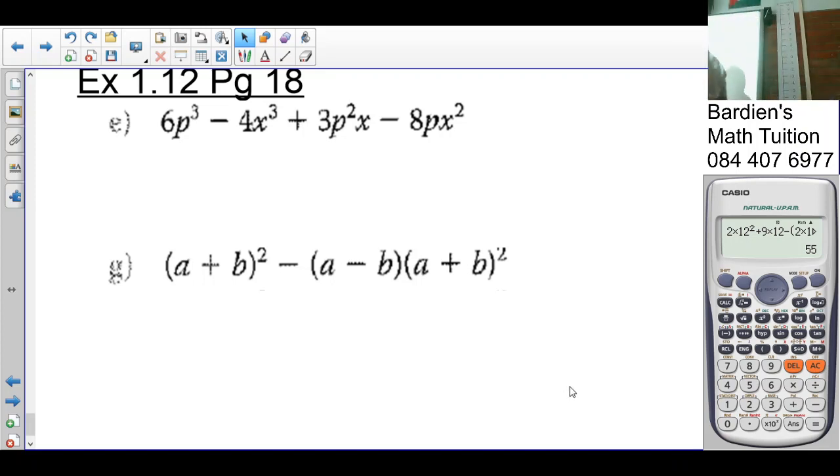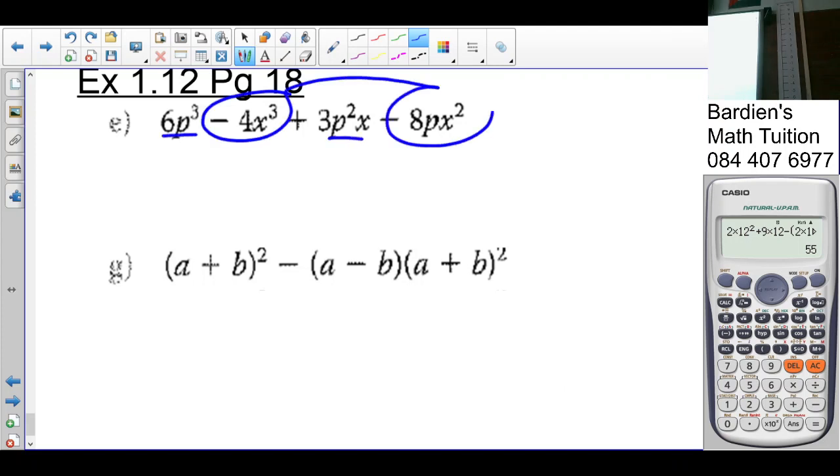So what's common here? Do I need to rearrange the sum? Yes. Those two together and those two. So what is common there? 3p squared. I'm left with 2p plus x. Minus 4x squared is a common factor. I'm then left with x plus 2p.